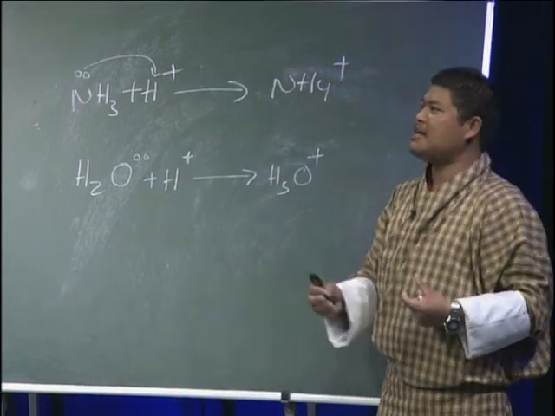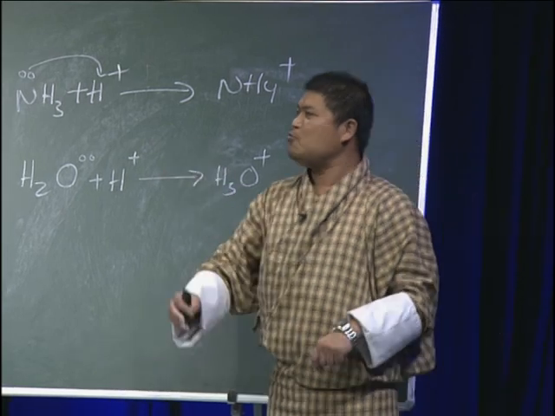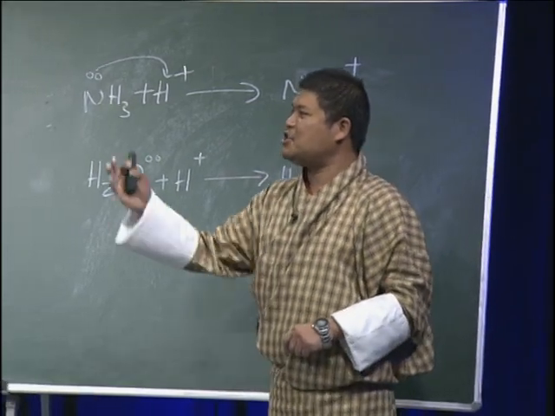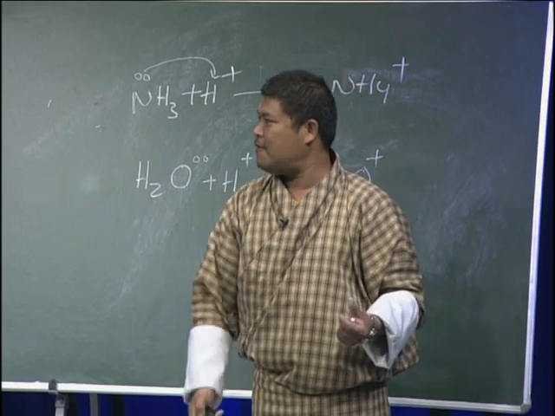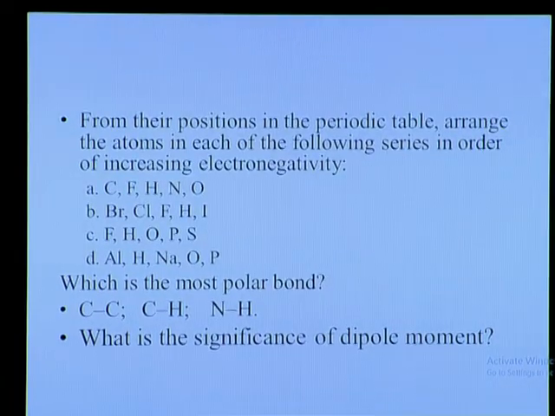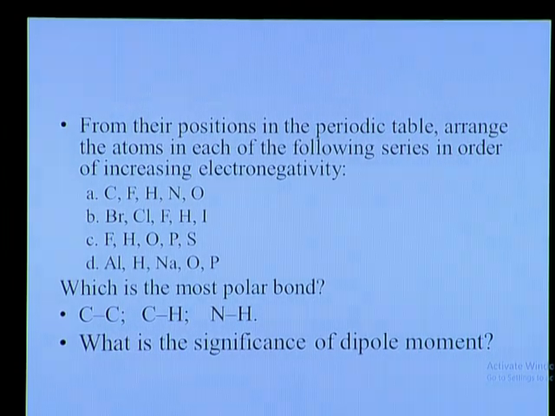Let us do some exercises. From its position in the periodic table, determine which atom in each pair is more electronegative. Similarly, determine which bond is the most polar. And what is the significance of dipole moment?